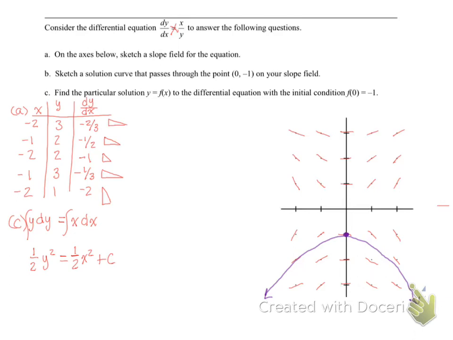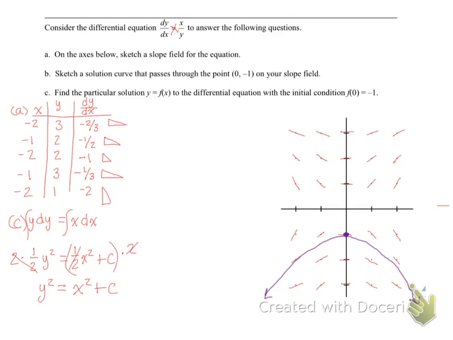I'm trying to get y by itself, so I'm going to multiply by 2 on both sides. Those go away, and 2 times c just makes a bigger c, so y squared equals x squared plus c. It's still a constant. Then we're going to take the square root. Just kidding, not at this point.